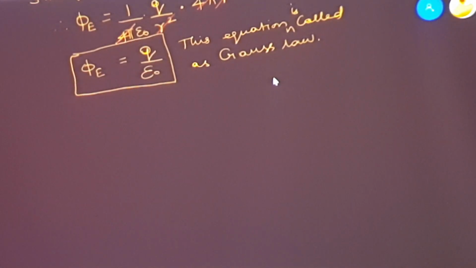See, when I am explaining this Gauss law, I have taken a spherical surface, but this Gauss law equation is true for any arbitrary shaped surface which encloses the charge. Okay, so here I can consider a note. What is that note?